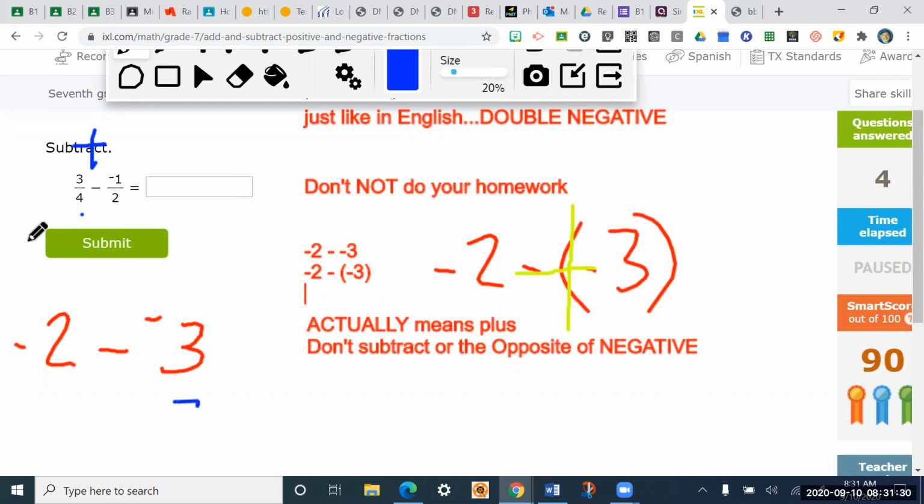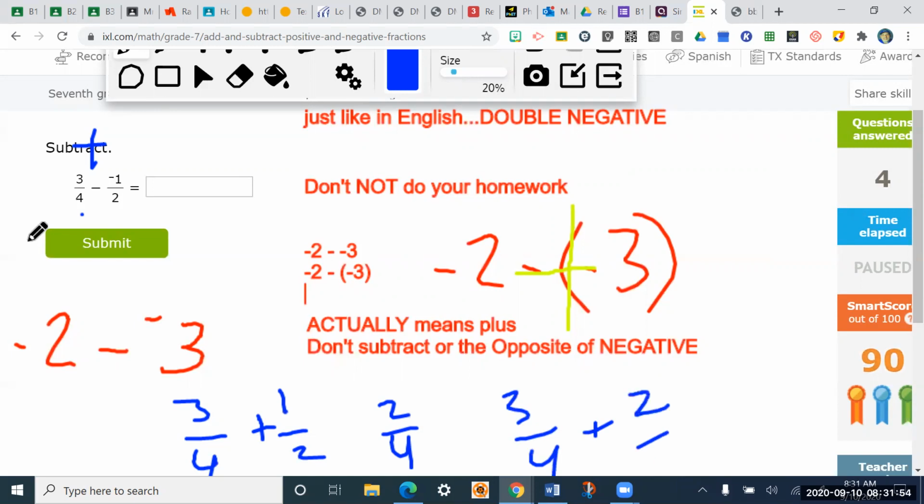So I'm going to have 3/4, and then I'm going to have 1/2, and it's a plus now. But I need a 4 on the bottom, so I'm going to times 2 on the bottom, and whatever you do on the bottom, you have to do on the top. So this is going to turn into 2/4, and you know that 2 is half of 4, so 2/4 is the same thing as 1/2. So now I really have 3/4 plus 2/4.